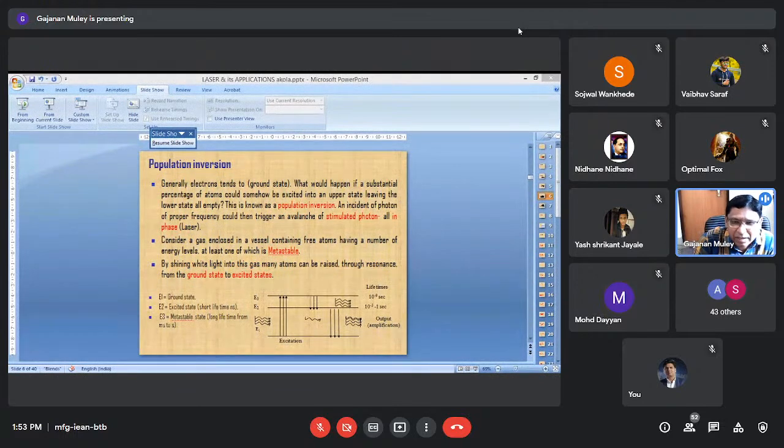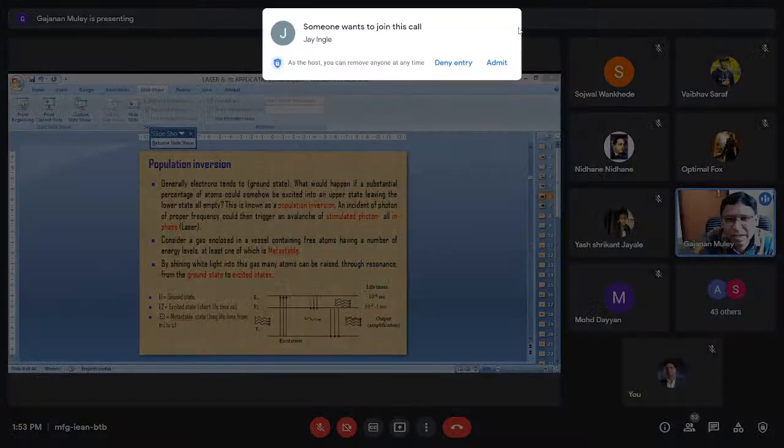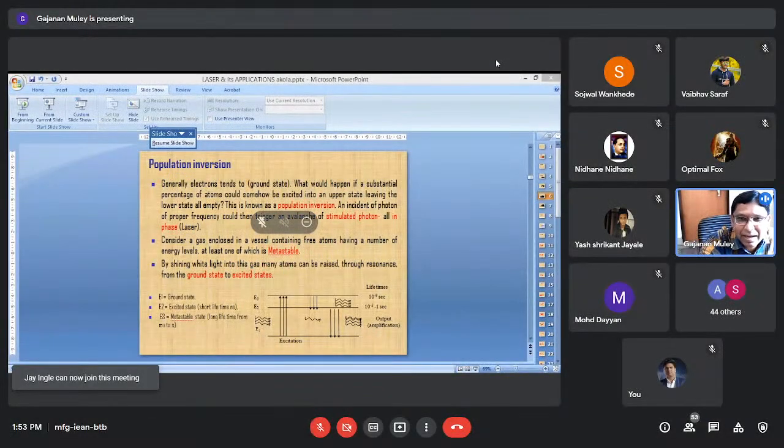Why should there not be stimulated emission in the optical region? And people were trying to develop a laser. The first laser was developed by the scientist Maiman in 1960. He used Al2O3 doped with chromium Cr3+. We call it a ruby laser.